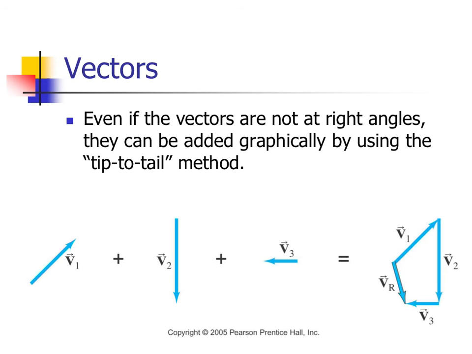The tip to tail method. Now when we go to solve for the resultant in this vector, doesn't look straightforward, does it? This is one of those ones where we get to find something.